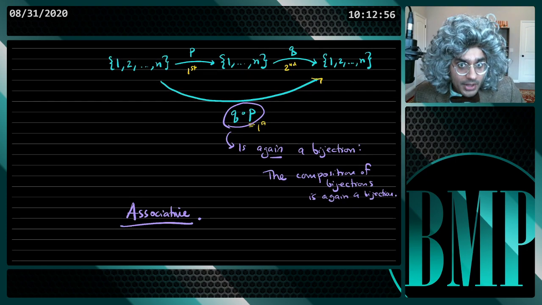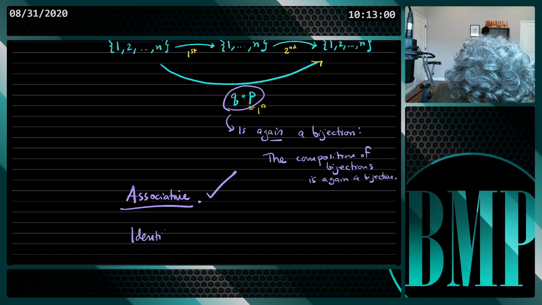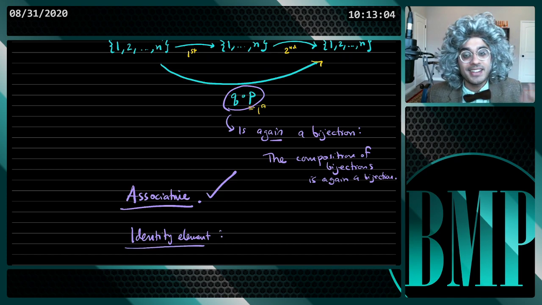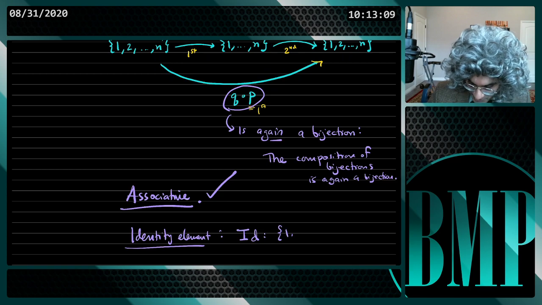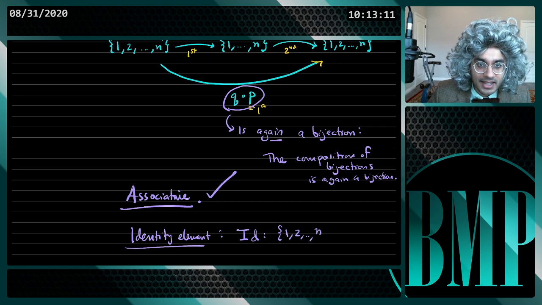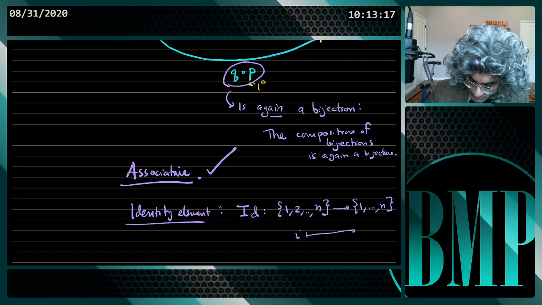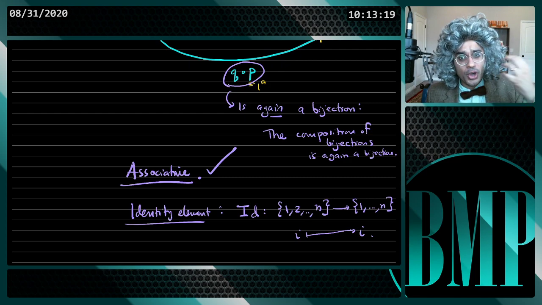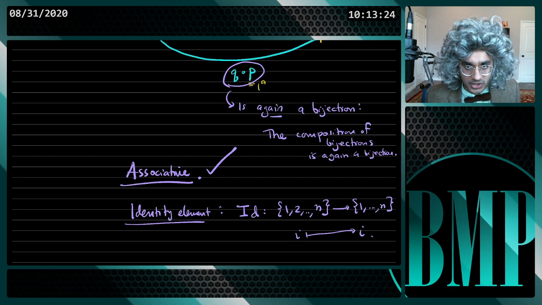All right. There is an identity element. It's called the identity function, which is always there when you have a set and you're looking at maps from the set to itself. You just send each element to itself. You know yourself. Know thyself. It's identity. That's why it's called identity.